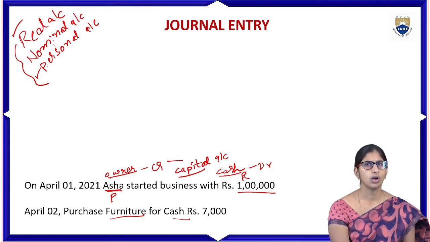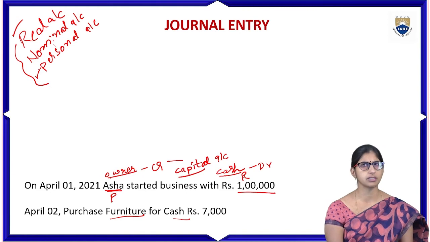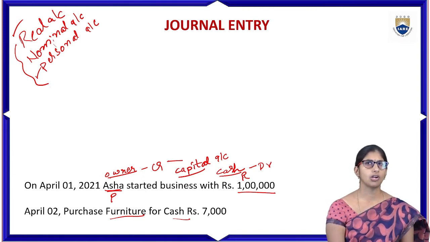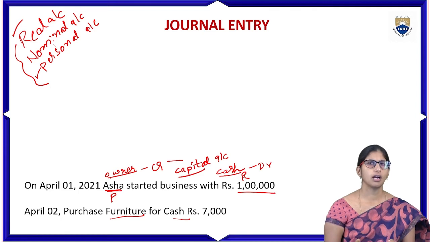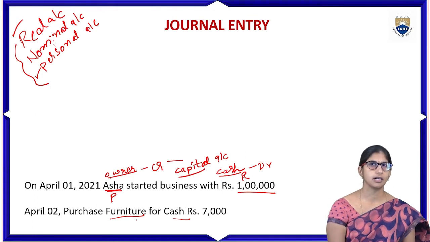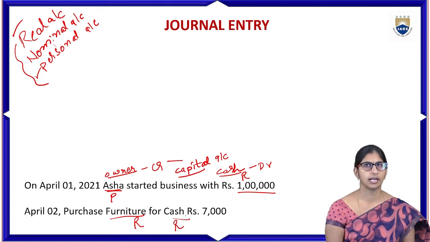Are we going to buy furniture for the business every day, every month, every week? No, we will not do that, right? We purchase it very rarely. This is not a regular expenditure, and furniture is an asset, so it comes under a real account. As we know, cash also comes under a real account.